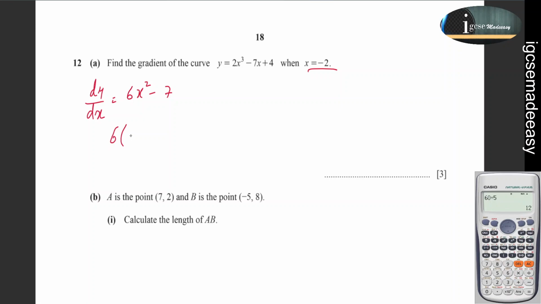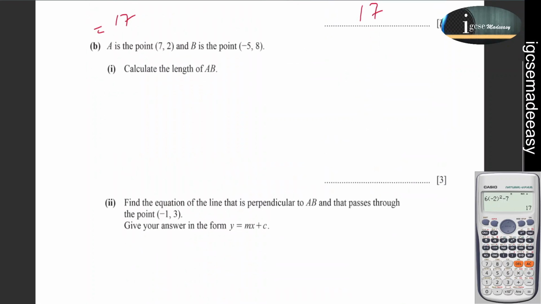So the value of x is 2: 6 into 2 square minus 7. If I use my calculator, you get the answer as 17. So 17 is the gradient when the value of x is 2.